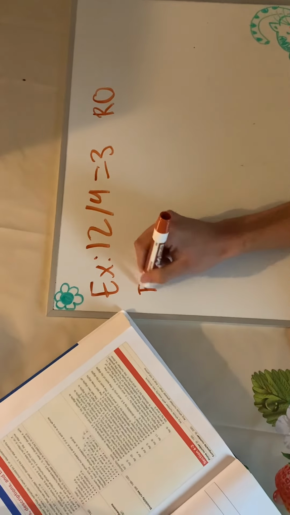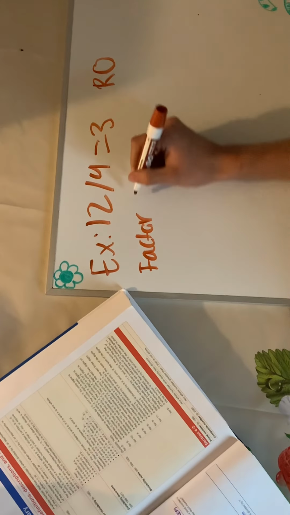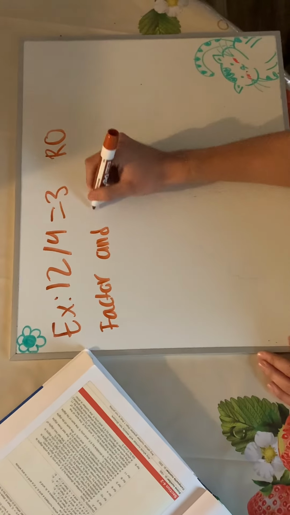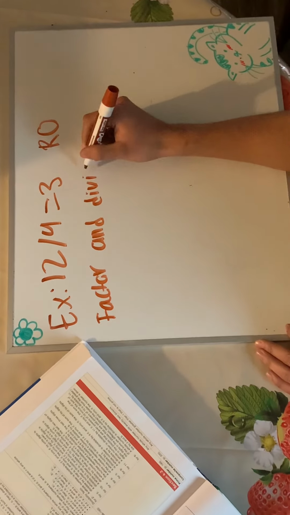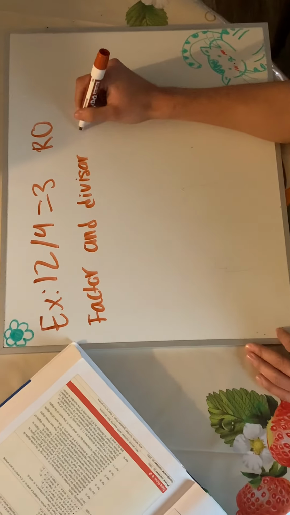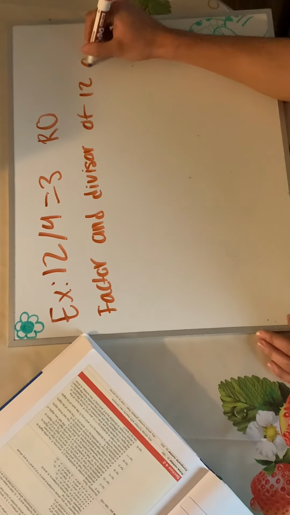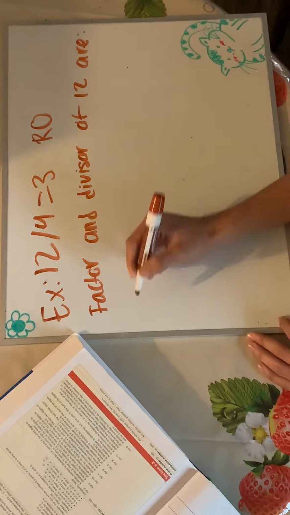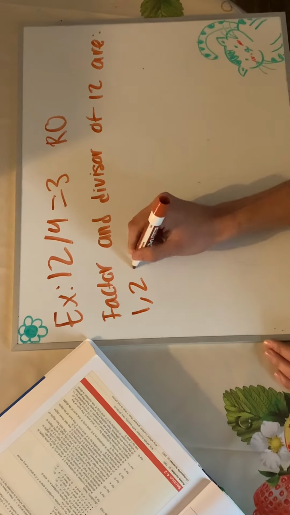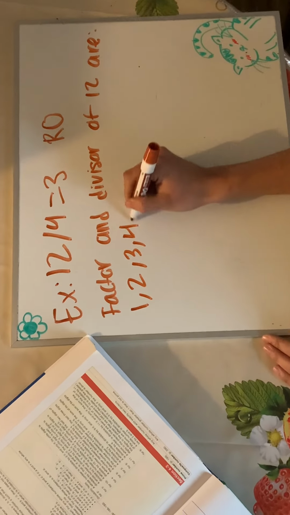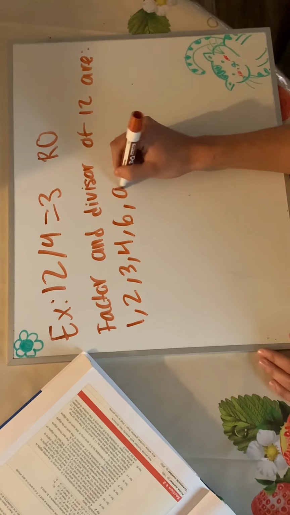The factors and divisors of 12 are 1, 2, 3, 4, 6, and 12.